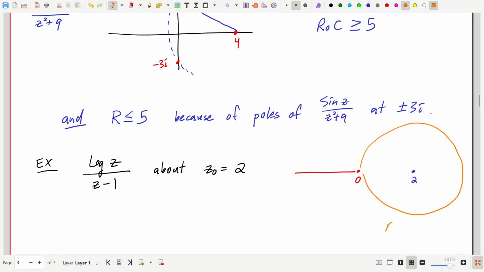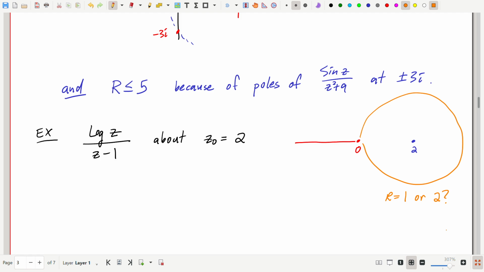So you might think, is r equal to 2? And the answer is no, because it looks like, wait a minute. No, that's going to be the right answer. The question is, r equal 1 or 2? And I'm suspecting that z minus 1 is a removable singularity, and it is, because log of z has this log of 1 equals 0.